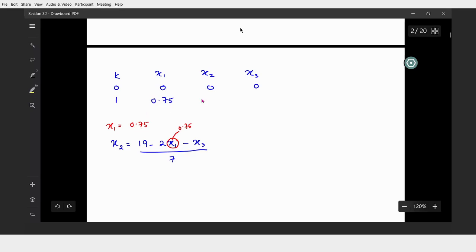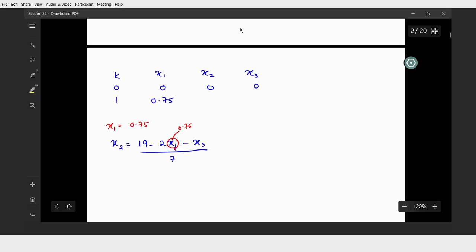When you compute X2 by Gauss-Seidel, you put 19 minus 2X1, where X1 is the current, latest one. You are not using X1 equal to 0 anymore; you are using X1 equal 0.75.